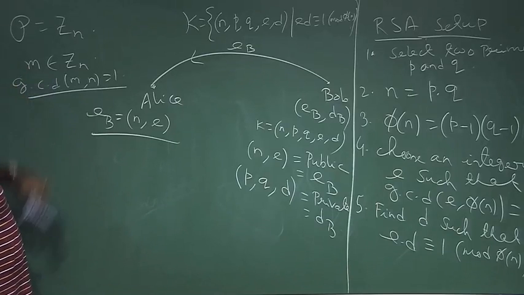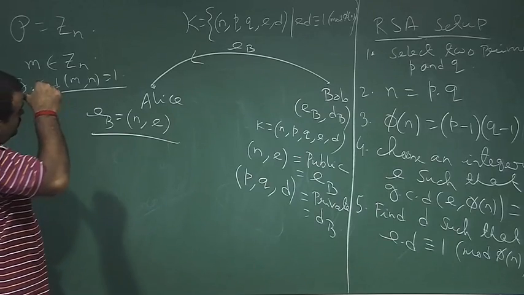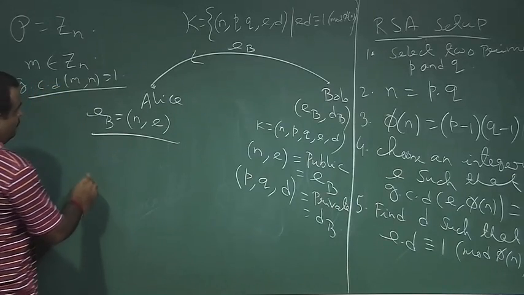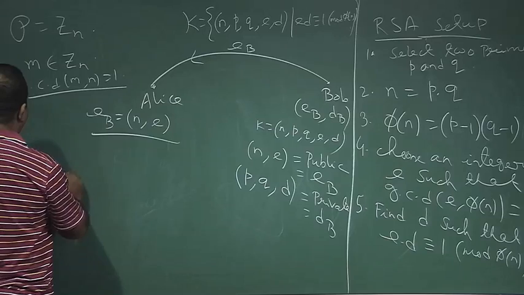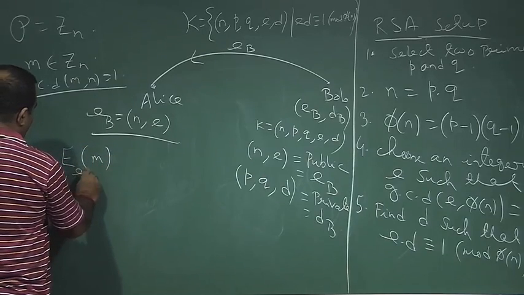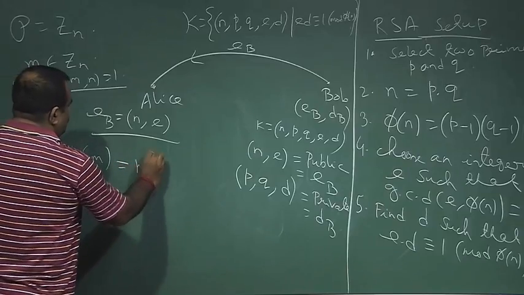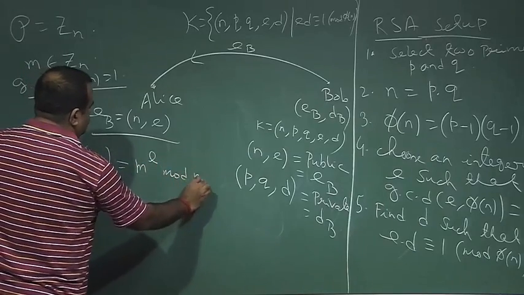So Alice selects a message and wants to encrypt it. What is the encryption procedure? Alice computes the encryption of m using Bob's public key. It's basically m to the power e mod n.